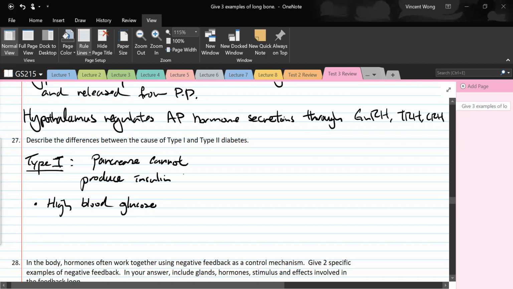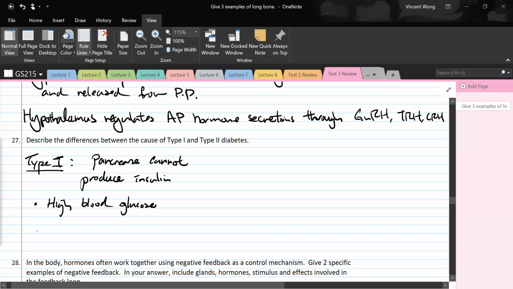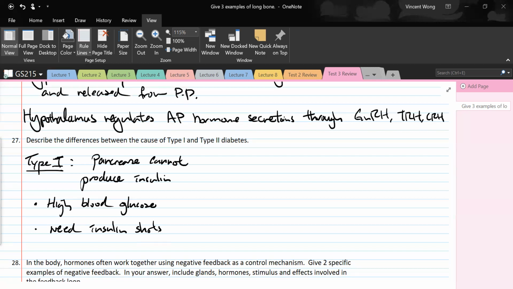Right, like after a meal, the glucose doesn't get absorbed into the cells because there is no insulin, and therefore they would need to have insulin shots. If they don't have insulin shots, they basically will be starving on a cellular level. The body will think that it's starving, and then will start to burn other fuels, proteins, lipids, and all that stuff.